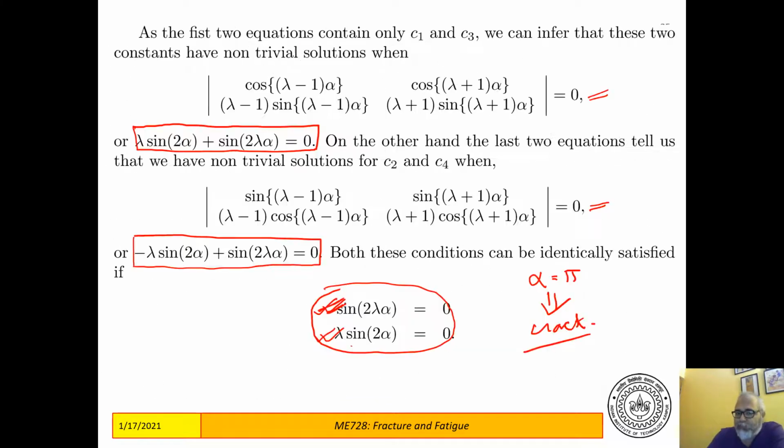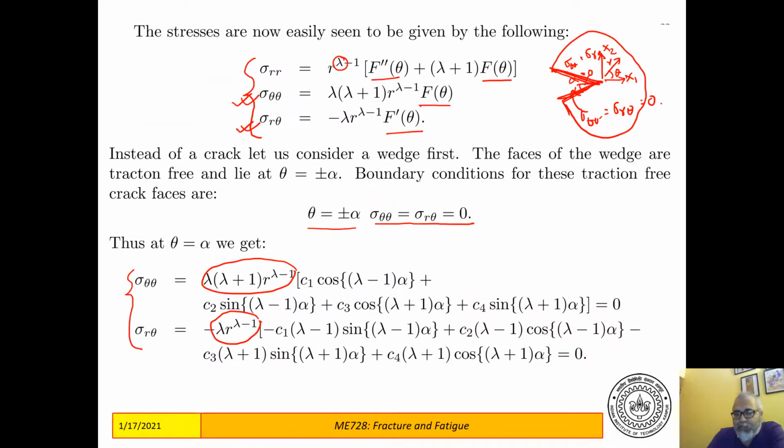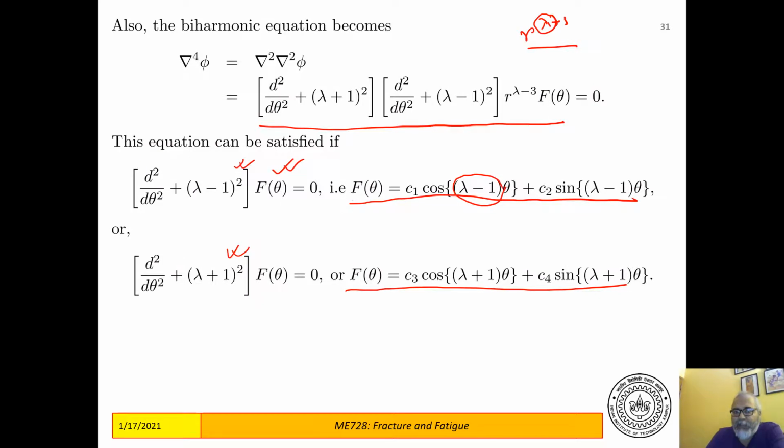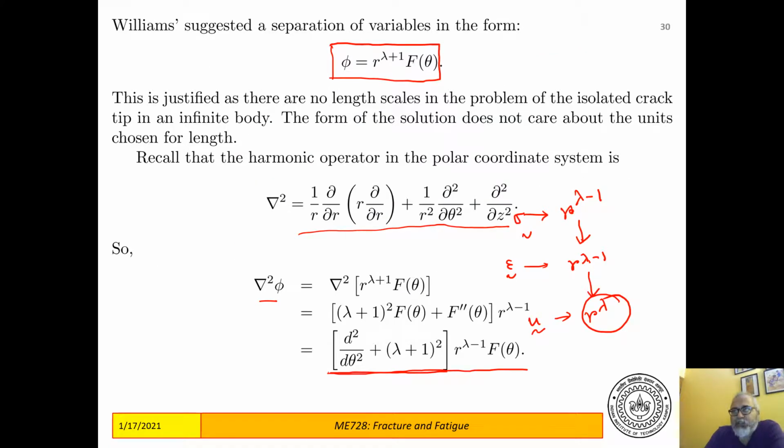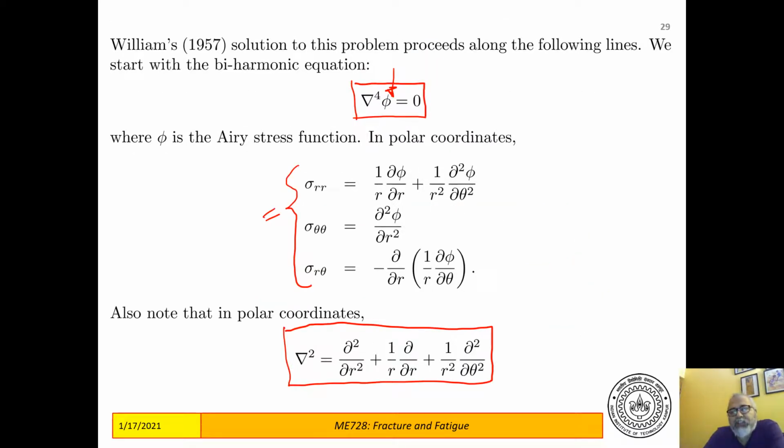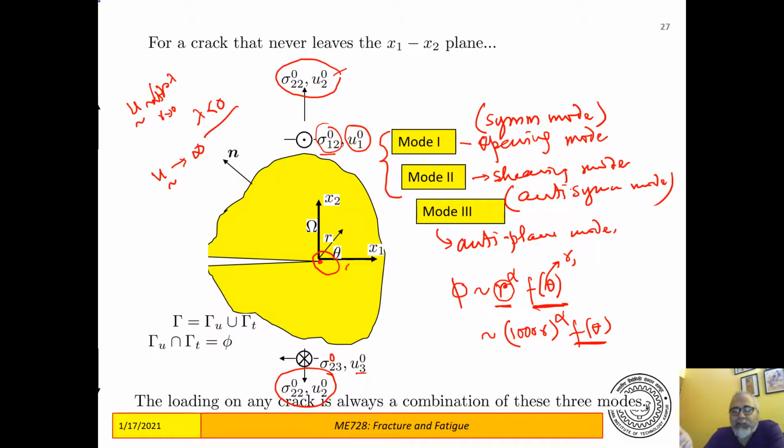The crack tip is an infinitely strong stress concentrator, so the stresses should be high close to the crack tip but die down as you go away from it. Displacement should follow some kind of variation with the stresses, and therefore we cannot accept that displacements would be constant throughout for this problem. So lambda equal to 0 is also ruled out.